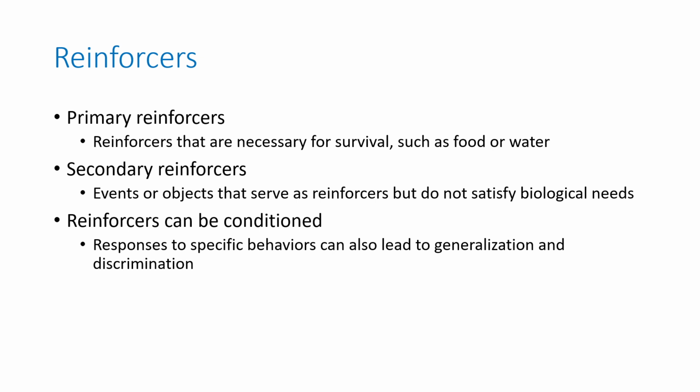But we know that we can take that money to a store and buy primary reinforcers or other things that we would find enjoyable. So that becomes a secondary reinforcer. These reinforcers can become conditioned. We can also see generalization and discrimination, just like what we saw with classical conditioning. We can see that with these kinds of reinforcers as well.